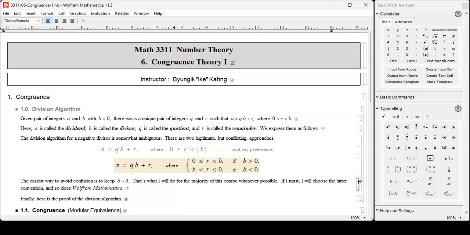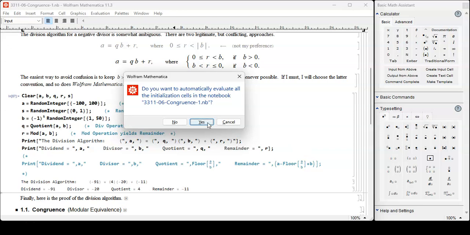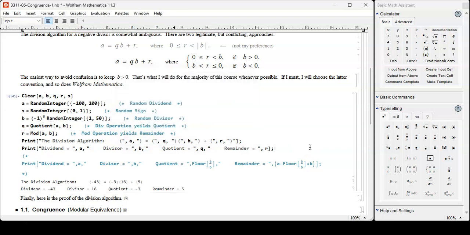All the computer algebra systems that I encountered do it this way. Here I have a Wolfram Mathematica program, but Maple, MATLAB, Magma, they all do it this way. This program is semi-randomized, so you can run it over and over again, and you're going to get different results, and soon you're going to see a pattern.